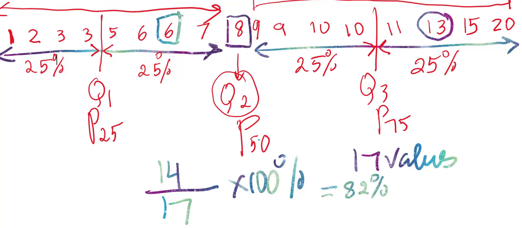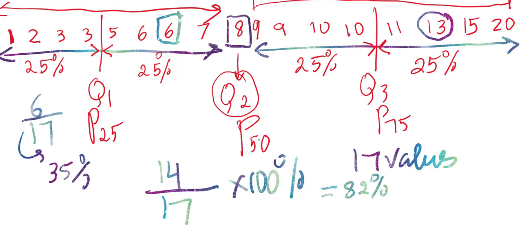So you get 6 here, divided by 17, which is the number of values. And what is 6 divided by 17? I got 0.35, which if you change it to a percent, is 35%, which is the 35th percentile.